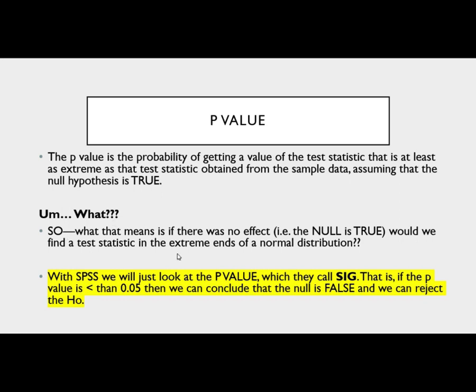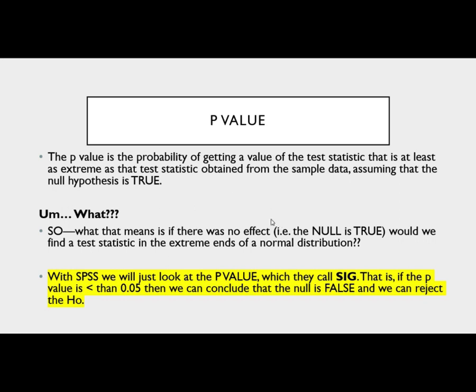What this means is that if there were no effect, that is, the null is true, would we find a test statistic in the extreme ends of a normal distribution? No. If the null is true, our test statistic would be in the big humpy part of the normal distribution, plus or minus to within the 95% probability of finding a test statistic between plus or minus 2 standard deviations, or 1.96, right?